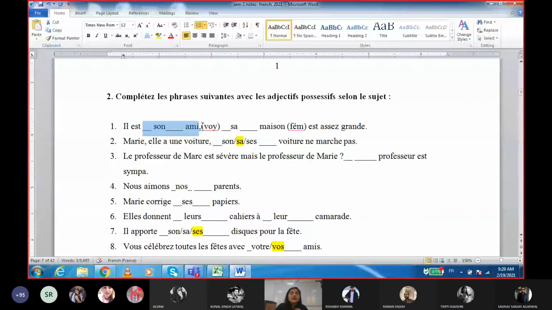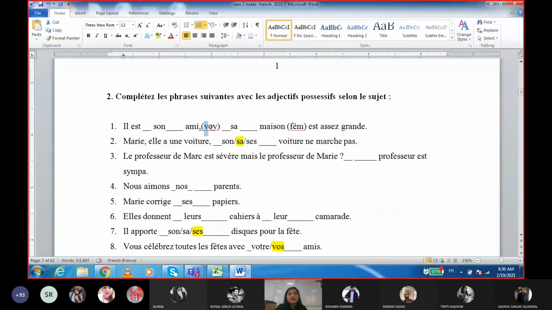So how am I supposed to work on it? Same case, find the gender. We can see it's a vowel-starting word. And after that, here nothing is given in brackets, not my, your, his, her, so how do we do it? Now it is entirely your choice which possessive adjective you want to choose. It's an open-ended question. How come?